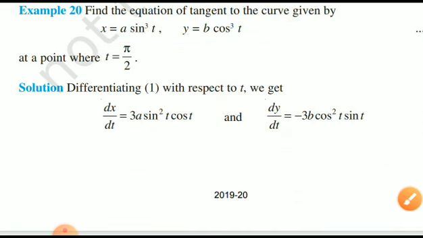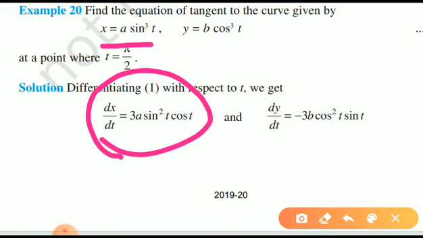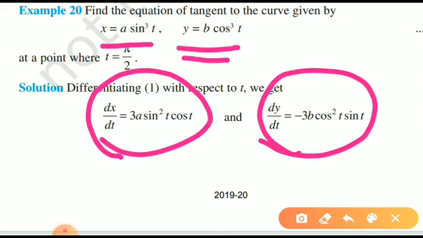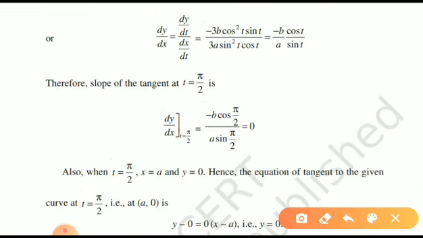So we have x equal to a sin cube t and y equal to b cos cube t, from which you get dx by dt and dy by dt. Then find dy by dx, which is dy by dt divided by dx by dt. Substituting, we get dy by dx as minus b by a cos t by sin t. Okay?